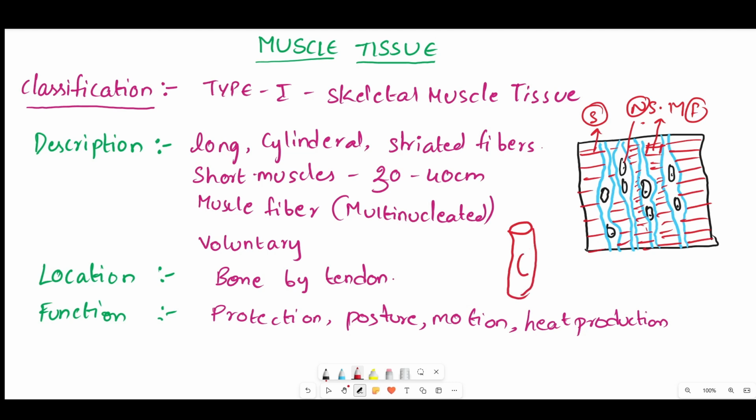It has the nucleus inside it and also the fibers. So that is all about the first type of classification in the muscle tissue, which is skeletal muscle tissue.